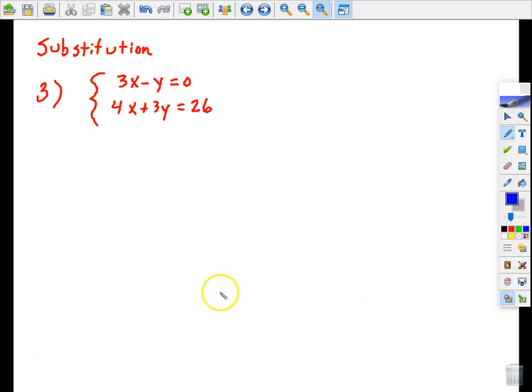Okay, let's try another one. See if you can identify which of the 4 options, which variable in which equation would be the easiest. There's really not a wrong choice, but there is a better or best choice. And hopefully you've identified this minus y in the top.